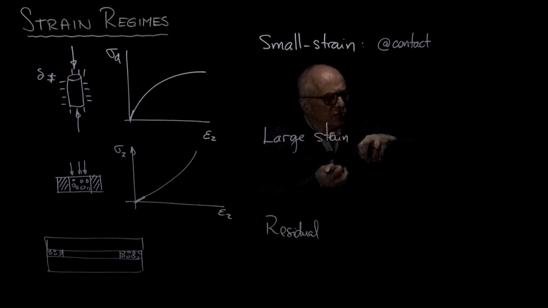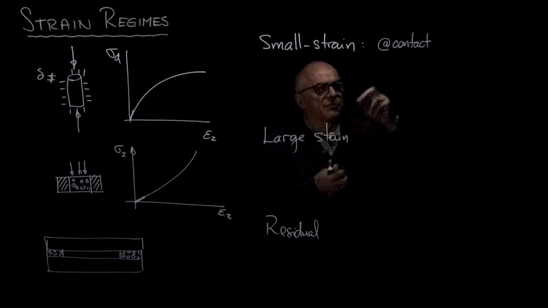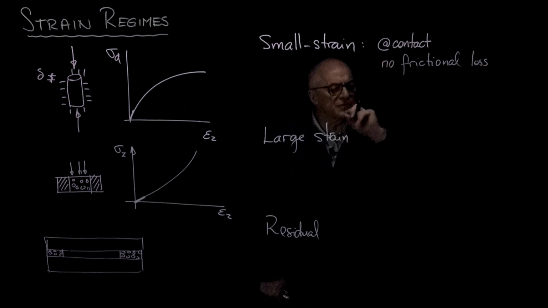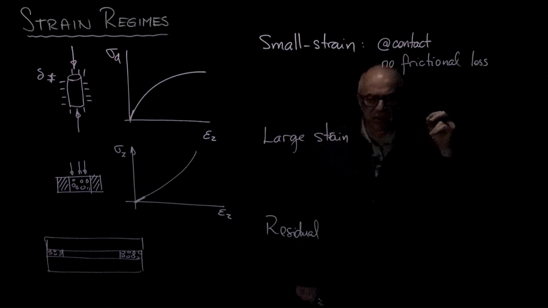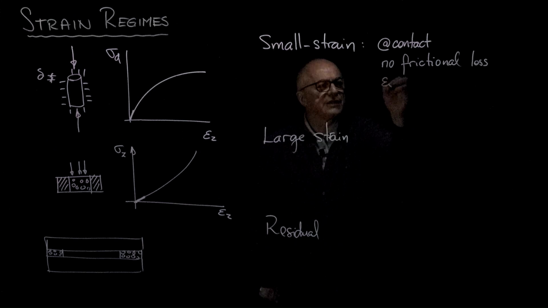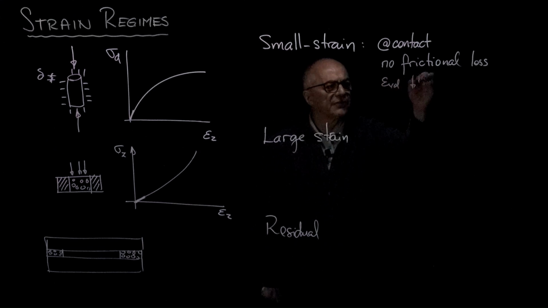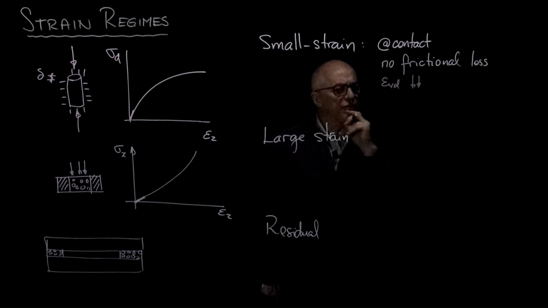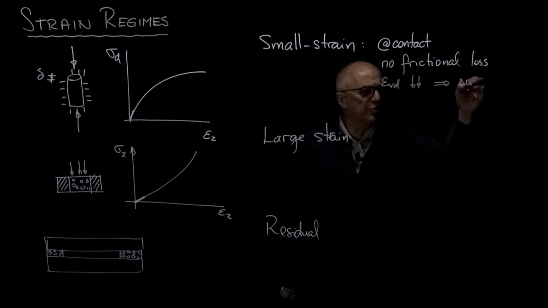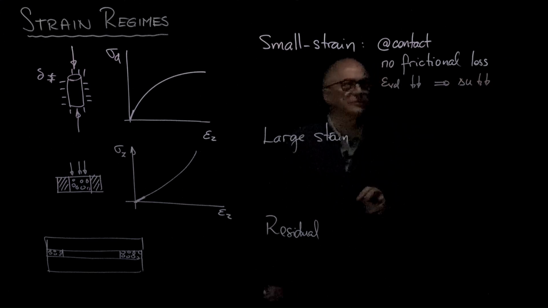There is no real friction mobilized between particles, so the energy losses are going to be very small. They're going to be of thermoelastic energy loss origin. The volumetric strains are very small, and therefore, if the loading would be placed under undrained conditions, the changes in pore pressure would also be very small.